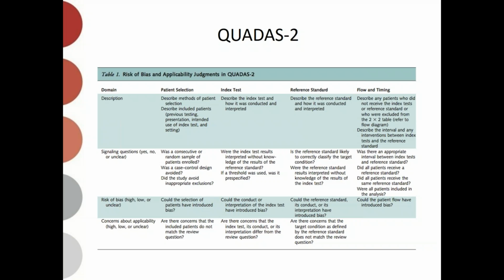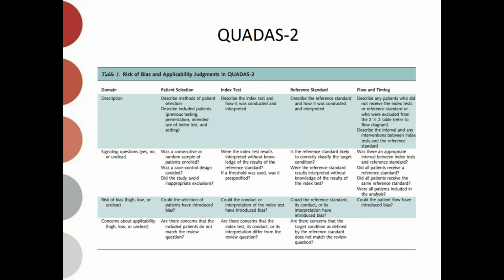Again, in QUADAS-2, we also have questions about applicability. Remember earlier I talked about the differences between bias and variability. So under applicability questions, you can again think about aspects of variability and then ask the question, are there concerns, for example, that included patients do not match the review question?